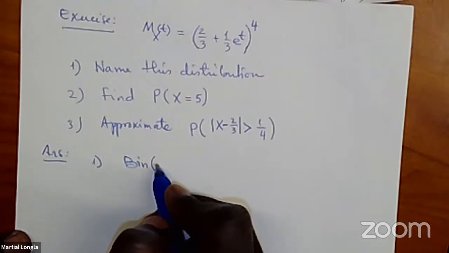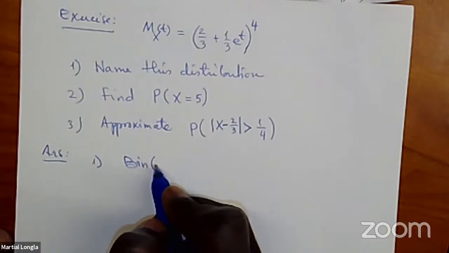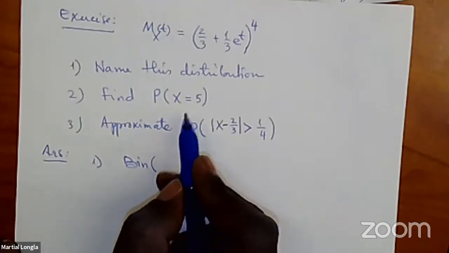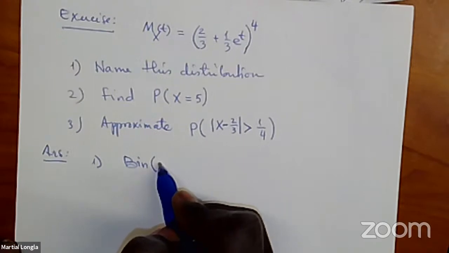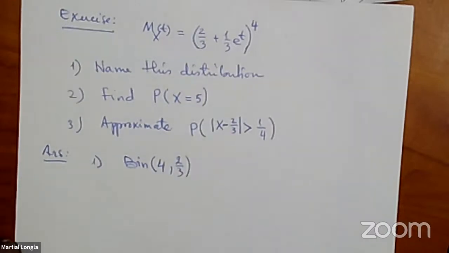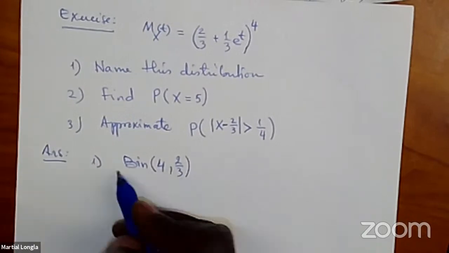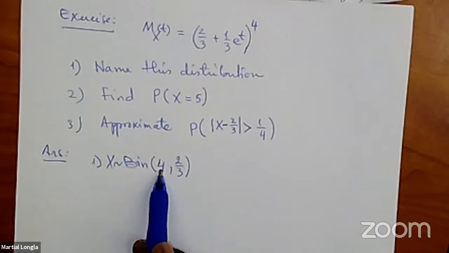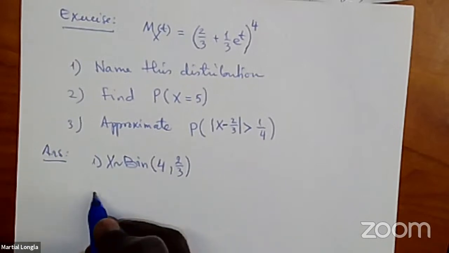The first parameter is always n, the second the probability. And the first parameter is always n, 4. And p is 2/3. That's how you can see from that X follows binomial with n equal 4 and p equals 2/3.